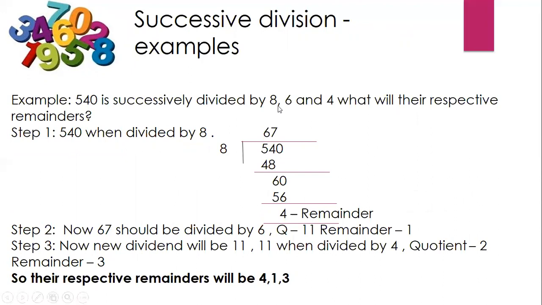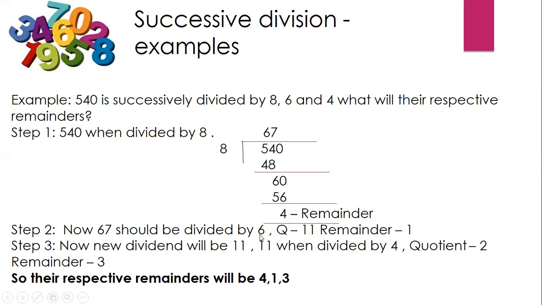540 is successively divided by 8, 6 and 4. What are their respective remainders? So first 540 is divided by 8. 540 when divided by 8 we get 67 as our quotient, and 4 is our remainder. Now in the second step, this 67 should be taken and divided by 6.